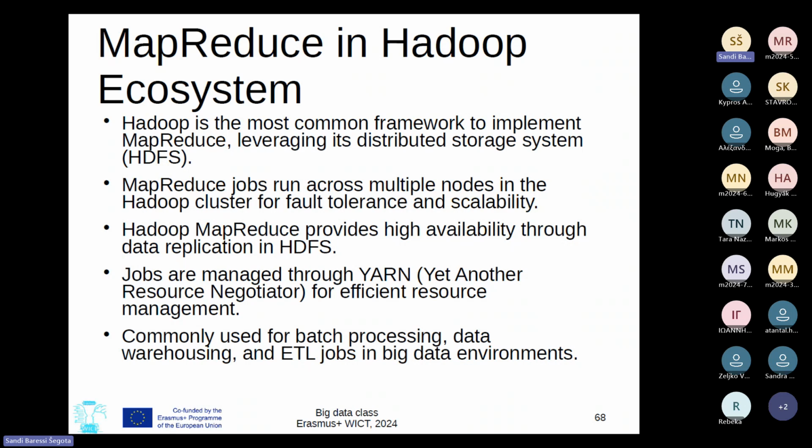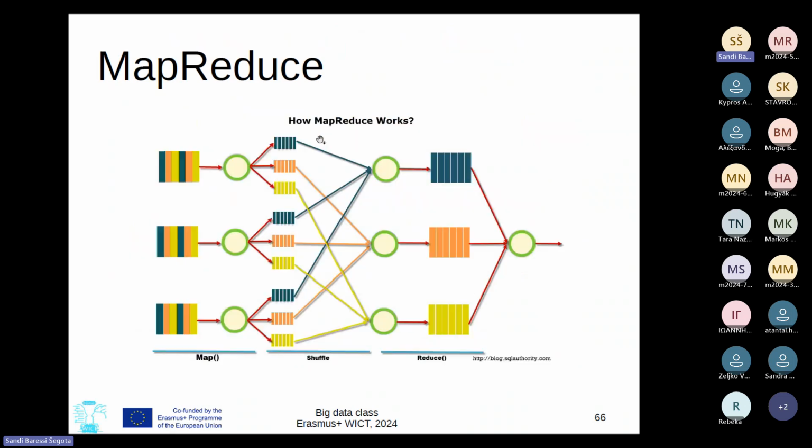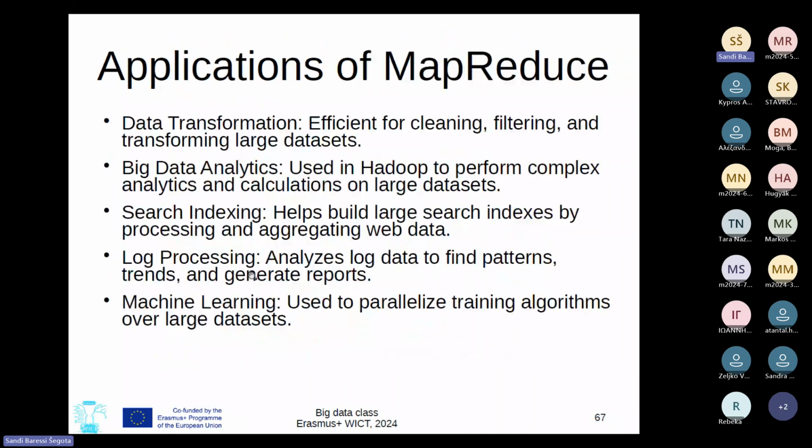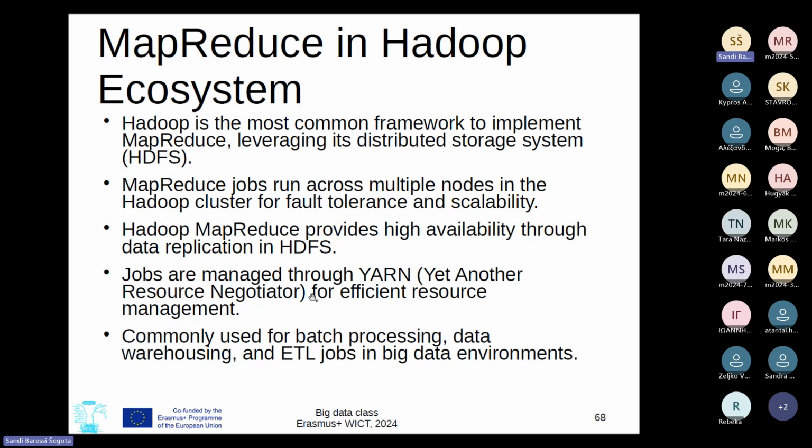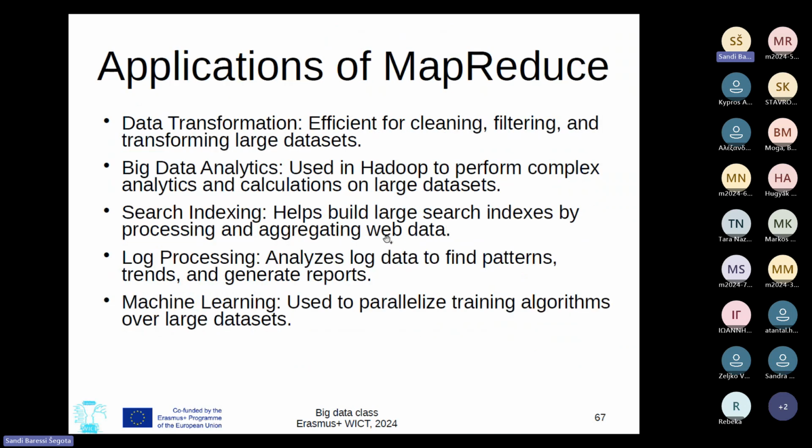Because with this illustration, you very easily already have nodes that you separated stuff into that you can go on and utilize. As I mentioned, YARN, yet another resource negotiator, exists and helps you manage these separate processes. And again, it's usually used when we're talking about big data.